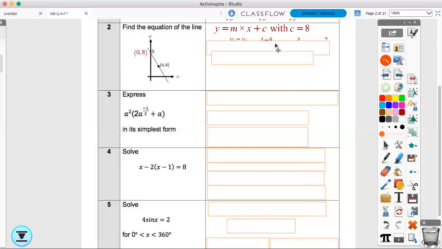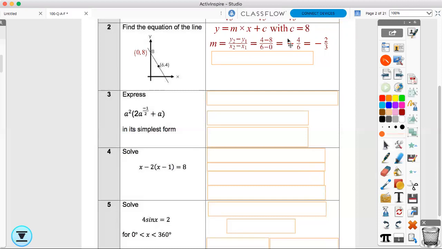So what I'm going to do is calculate m, because I've got c, by deciding which one is y2. Usually we go from left to right. You don't have to. If you were to go right to left, it'd be fine. You should get the same answer. So y2 is 4, take away y1, 8. So 4 minus 8 divided by 6 minus 0, x2 minus x1.